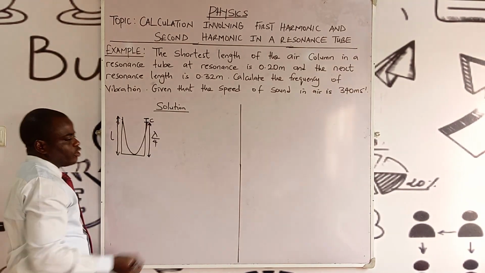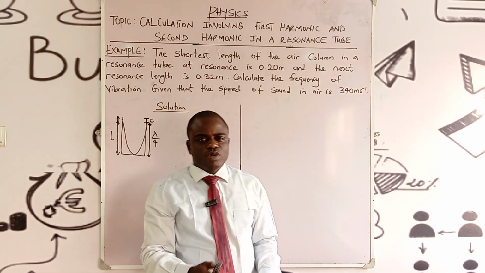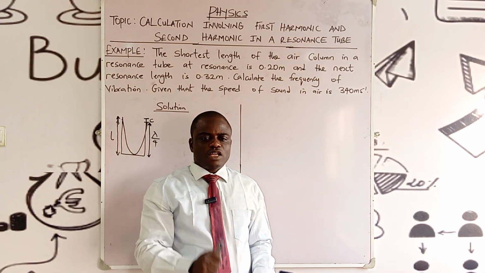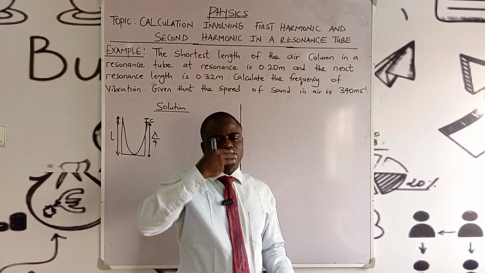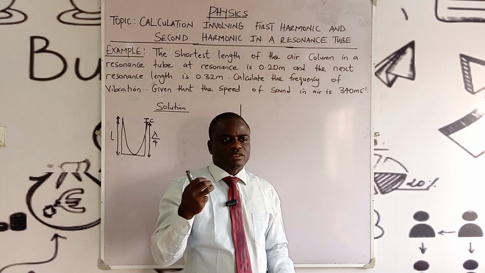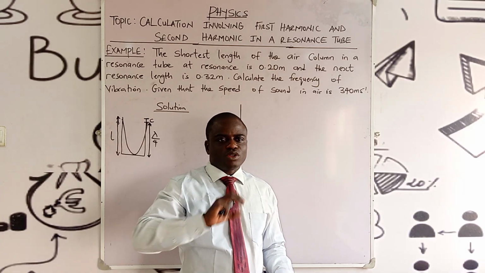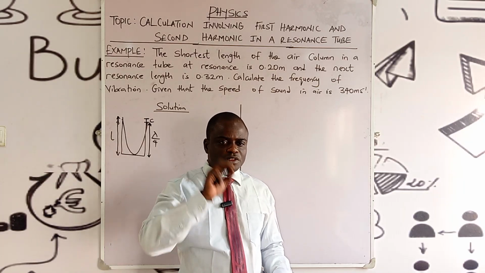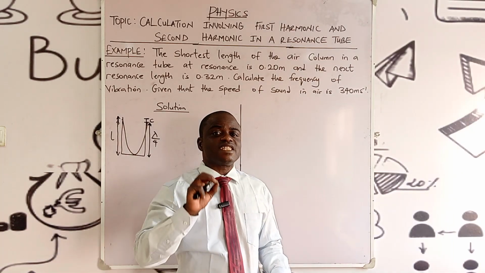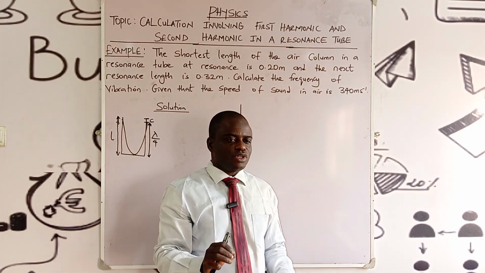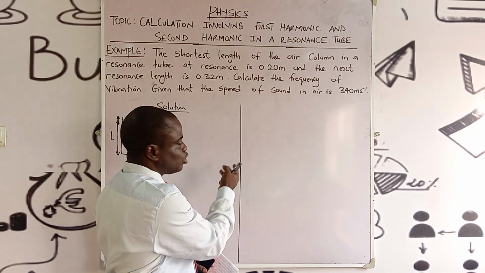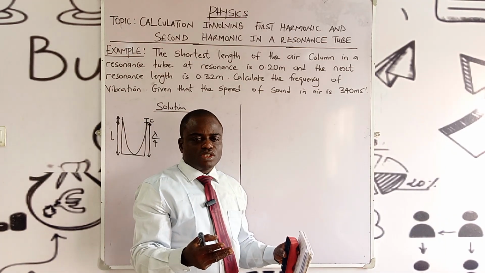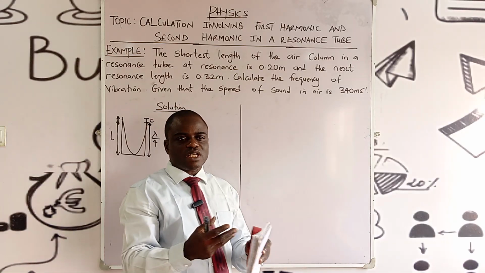Why do we have the end correction? In a tube, when it's being filled with an air column and you want to blow a pipe, there is a particular space close to your mouth that the air does not totally fill, but it is insignificant, negligible, because it is very, very small. That's why I will show you where it cancels out. In the calculation it cancels out, which shows that it's very small.